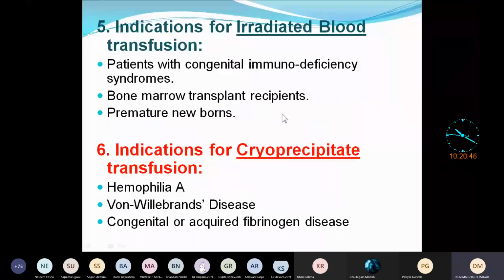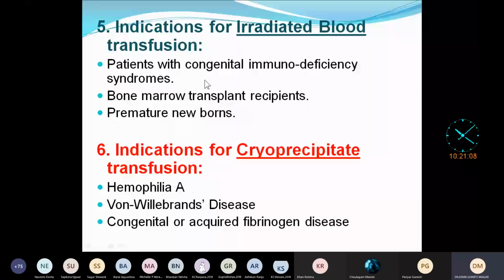So now we'll come to the indications for the irradiated blood transfusion. Irradiated means, I told you, with the help of ultraviolet rays, the blood is irradiated. Here this irradiated blood transfusion can be given in case of the congenital immunodeficiency syndrome. Here the immune deficiency is not because of an acquired reason, but it is there since birth, isn't it?